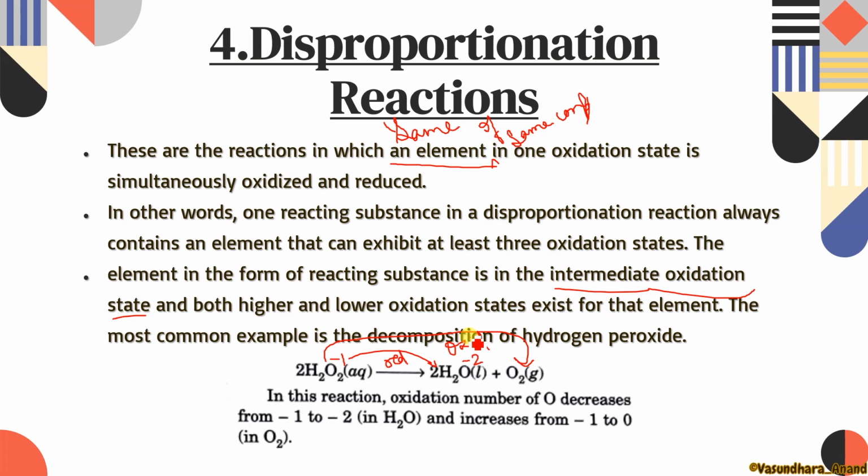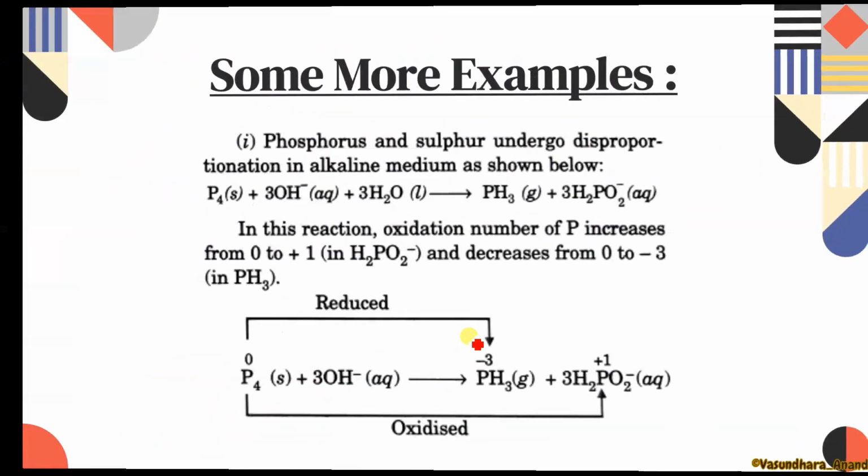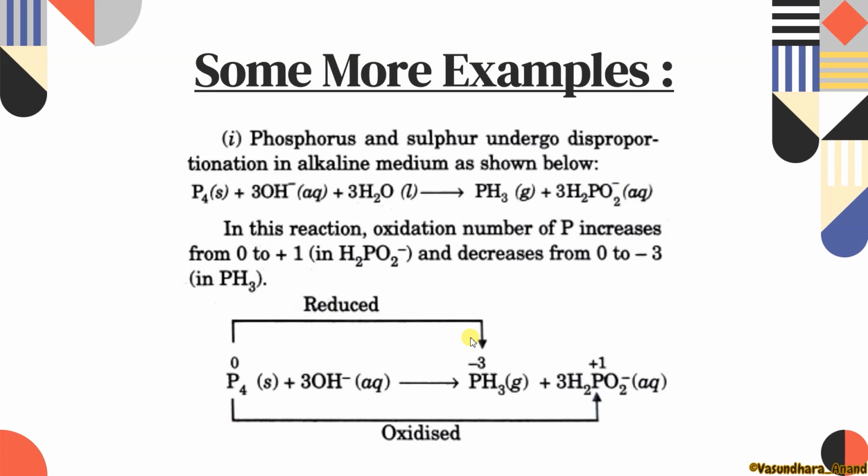So just learn it. Some more examples: phosphorus and sulfur undergo disproportionation reactions in alkaline medium, as shown below. P4 plus 3OH minus plus 3H2O. P4 is in the 0 state, in PH3 it is -3, and in 3H2PO2 minus it is +1.